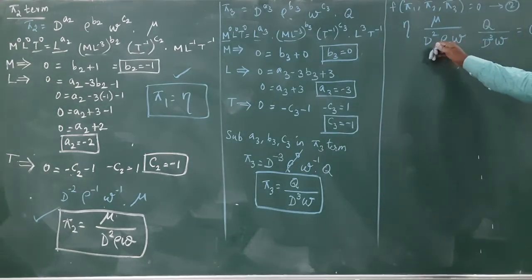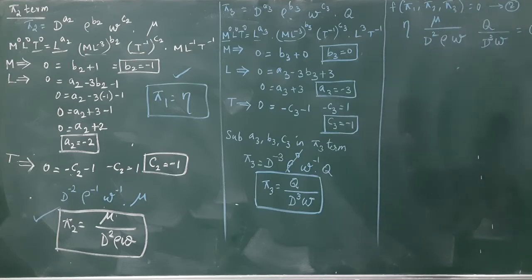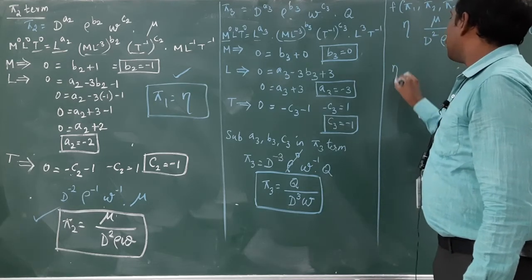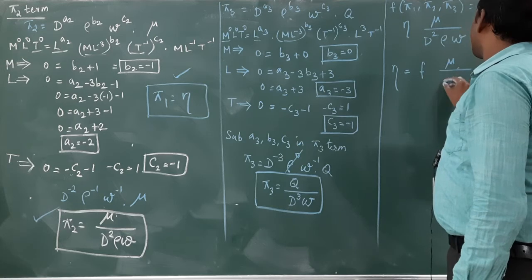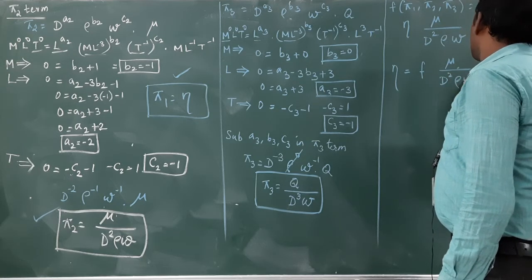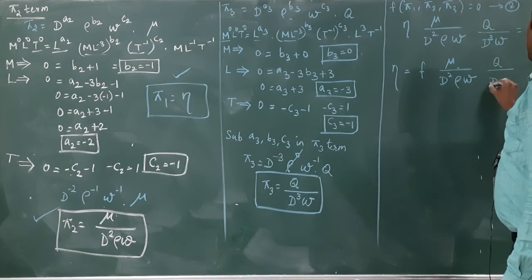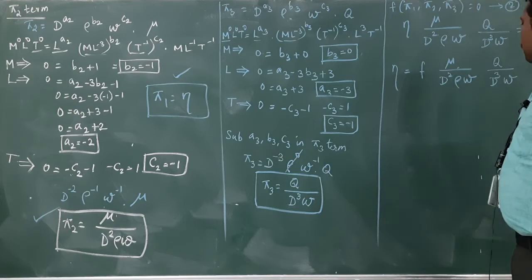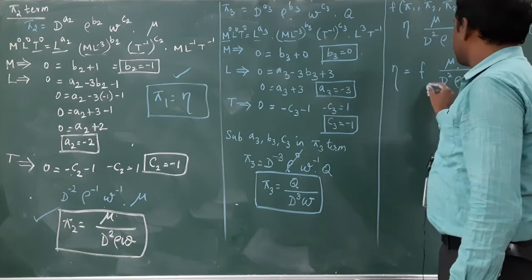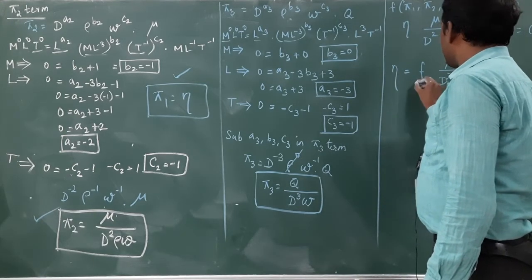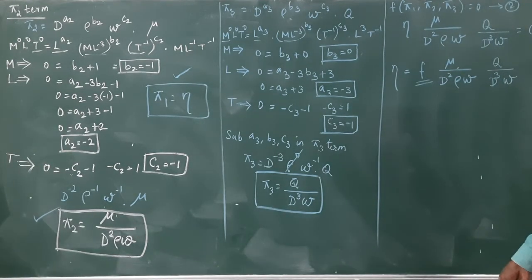In this equation, our ultimate aim is to find out the efficiency. So I am taking the efficiency on another side, the efficiency which is equal to some function of mu divided by d square rho into omega and Q divided by d cube omega. This functionality can be written in any function term, which is f1 or g1.